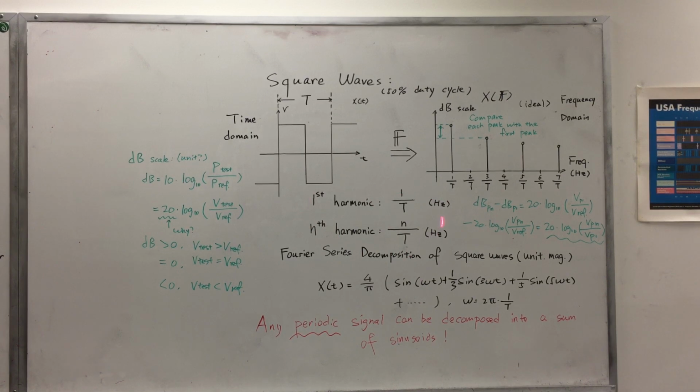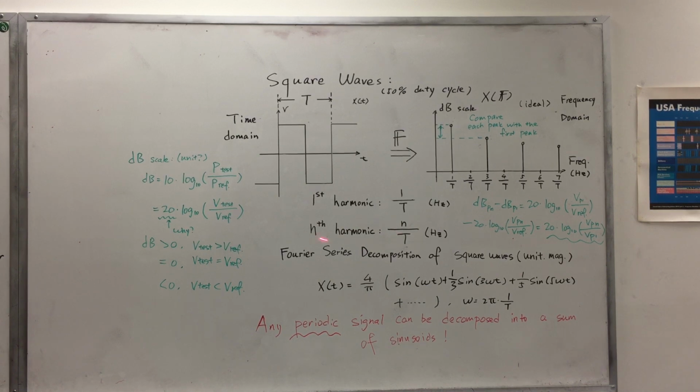For the word harmonic, what we mean is that the first harmonic of any periodic waveform is the frequency of the original waveform, 1 over the period of the original waveform.